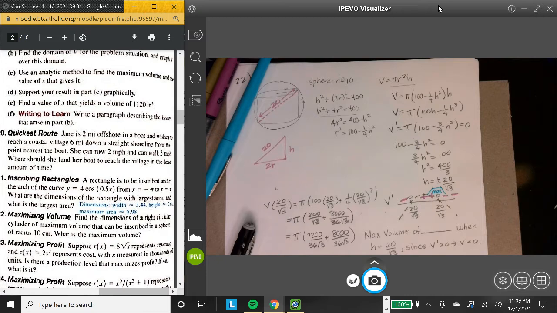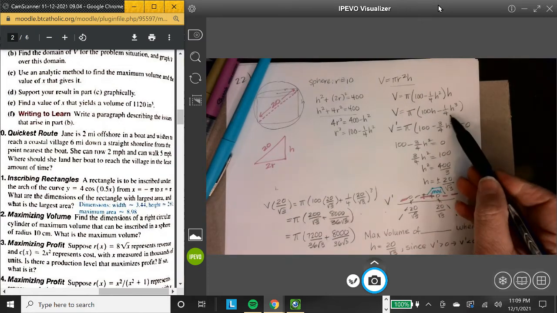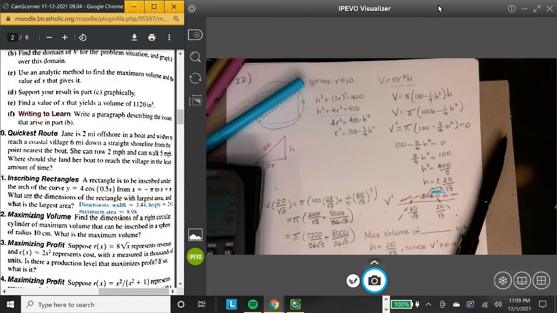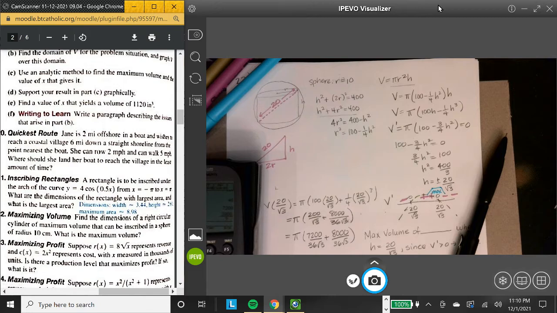So I did something wrong in my multiplication. Let's see here. If I go 100 times 20 divided by square root 3, plus 1 divided by 4 times parentheses 20 divided by square root 3, parentheses to the third.